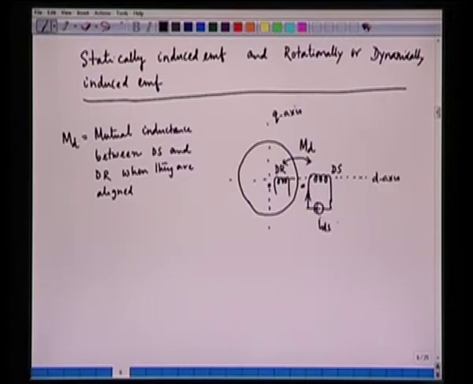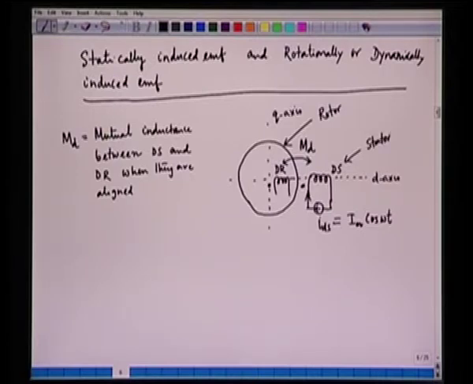And what is the nature of this current? This current is given as Im cos omega t. So it's a function of time. This structure is a rotor. This is free to rotate, and this one is in the stator.